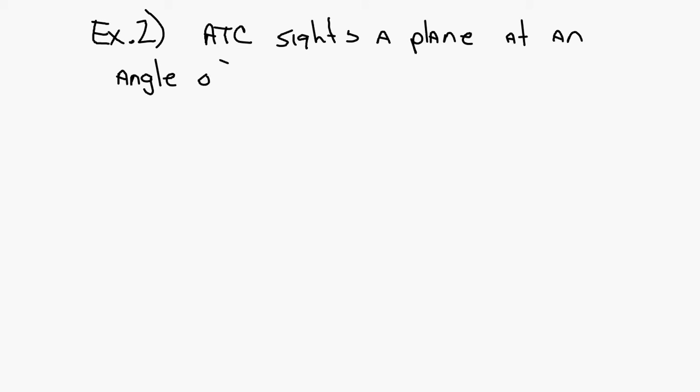All right, so the air traffic controller sights a plane at an angle of elevation of 41 degrees. Can't read. The pilot reports that the plane's altitude is 4,000 feet.